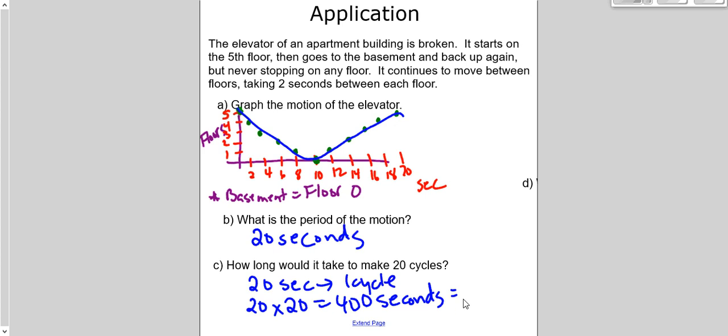So 400 divided by 60 gives me 6 minutes and 40 seconds left over. So 6 minutes and 40 seconds.